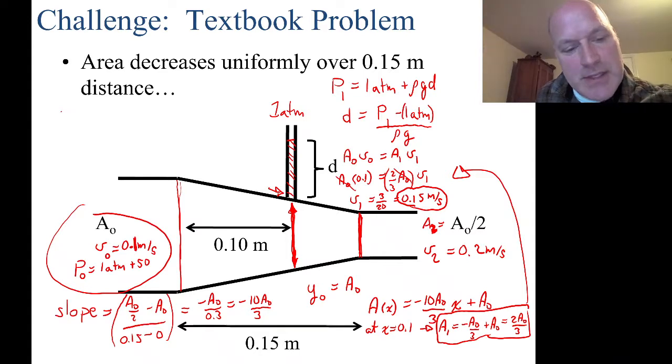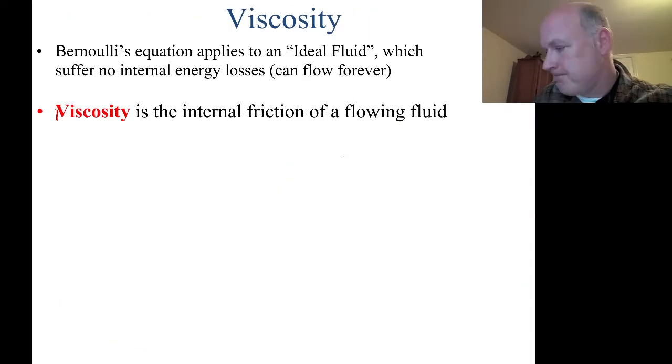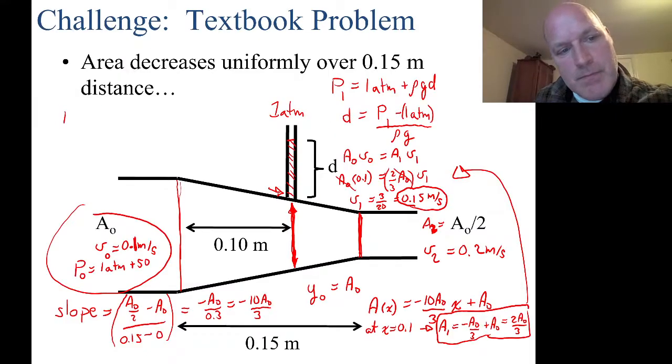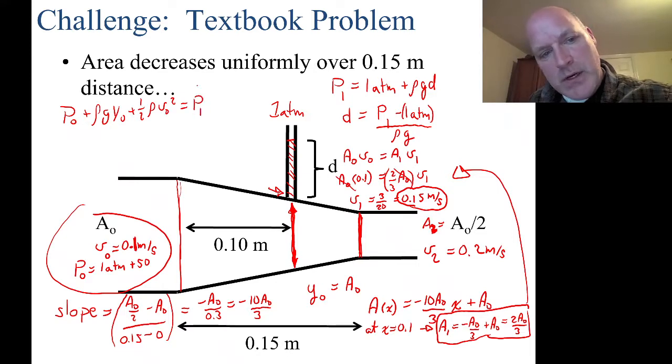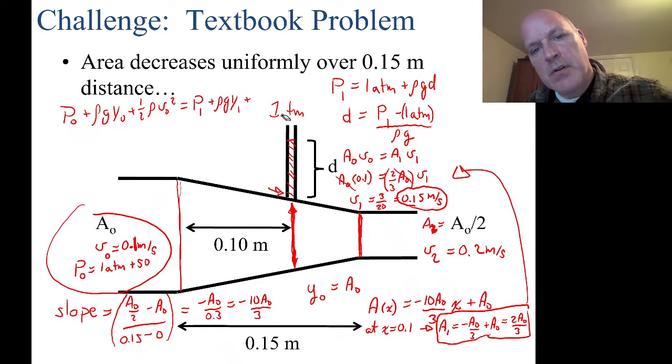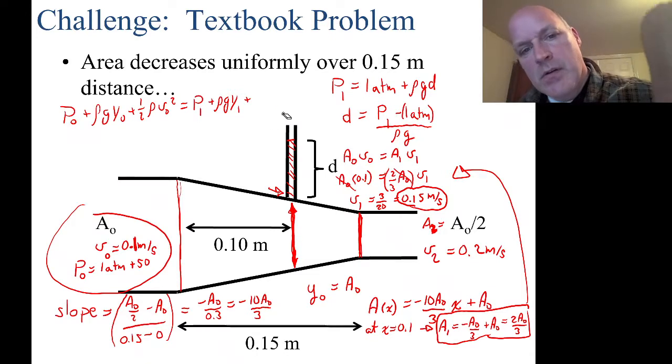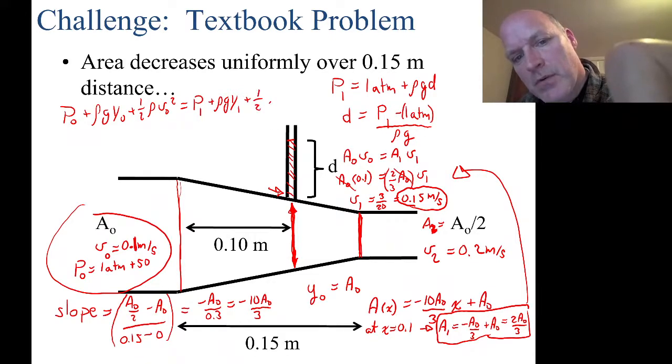So Bernoulli's equation says that pressure naught plus rho g y naught plus 1/2 rho v naught squared is going to be equal to P1 plus rho g y1 plus 1/2 rho v1 squared.